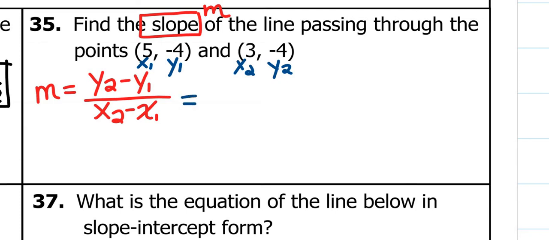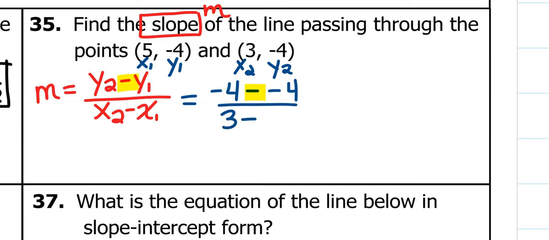Plugging things in. We're going to start with -4 minus. Remember, you always write the minus and then look at the other point. So -4 minus, and now let's look at the y1. y1 is -4. So -4 minus a -4. Let's look at the x's. 3 minus.